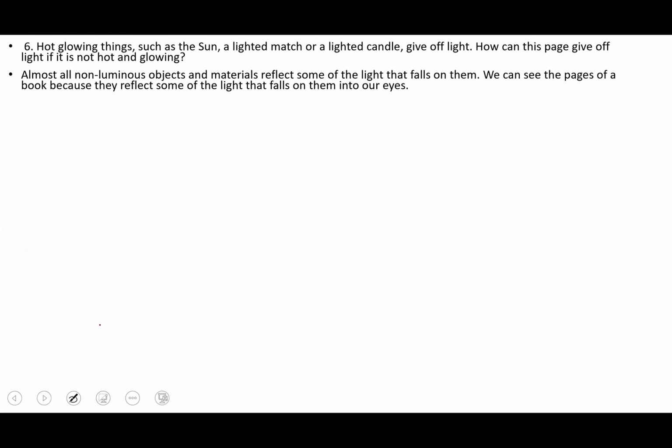Question number 6: hot glowing things such as the sun, lighted matches, or a lighted candle give off light. How can a page give off light if it is not hot or glowing? Almost all non-luminous objects and materials reflect some of the light that falls on them. We can see the page of a book because it reflects the light that falls on it into our eyes.